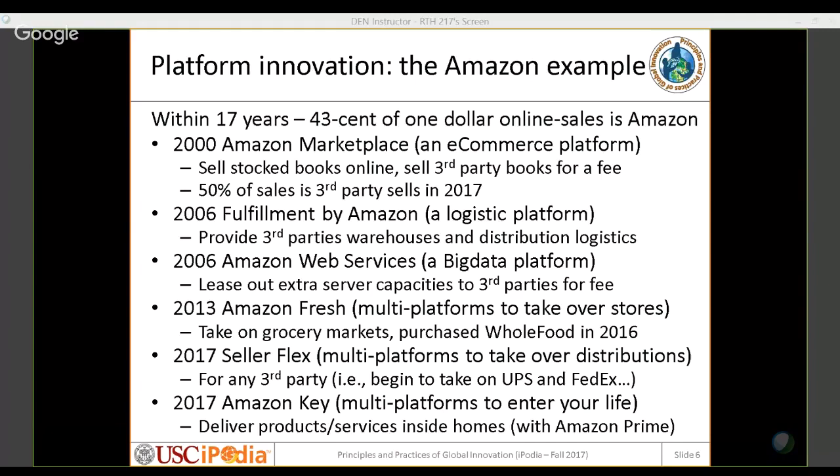Okay, okay. How about in South Korea? In South Korea, which platform is most popular? Anyone from South Korea? Which one is the most popular in South Korea? Where do you buy things online?